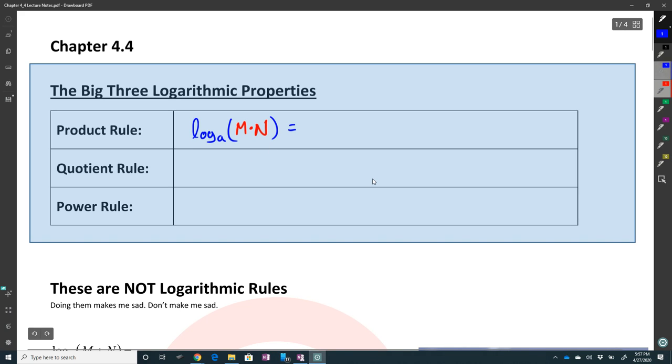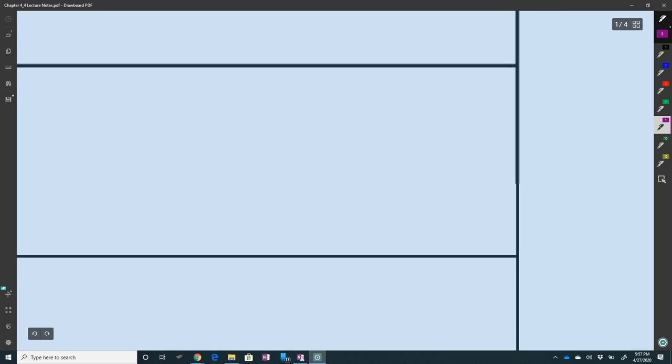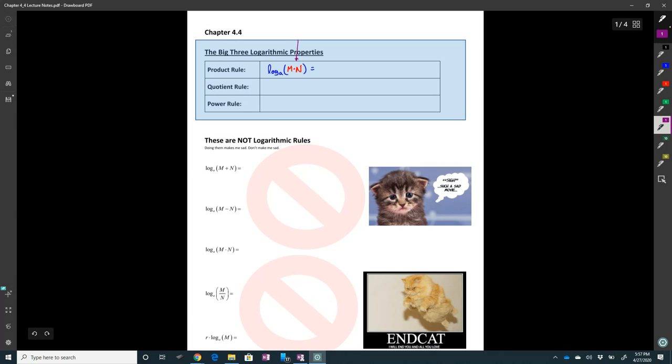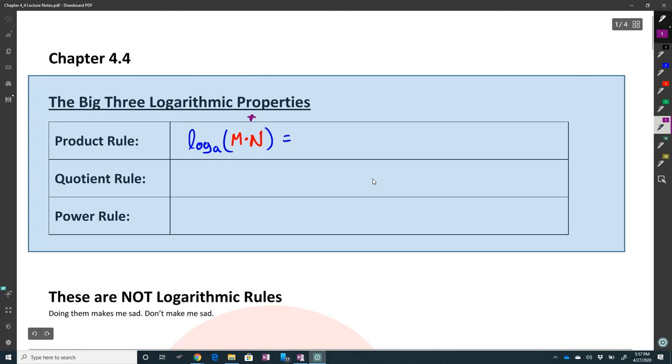What happens is if you ever have multiplication as the main idea, I can rewrite this as log base A of N plus log base A of M. And all you do is the M goes here and the N goes there.